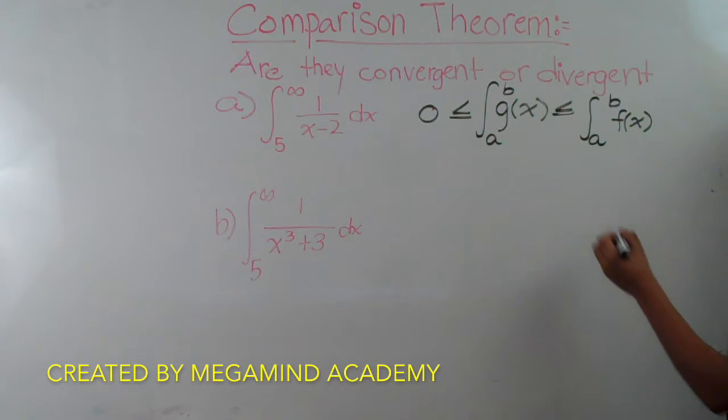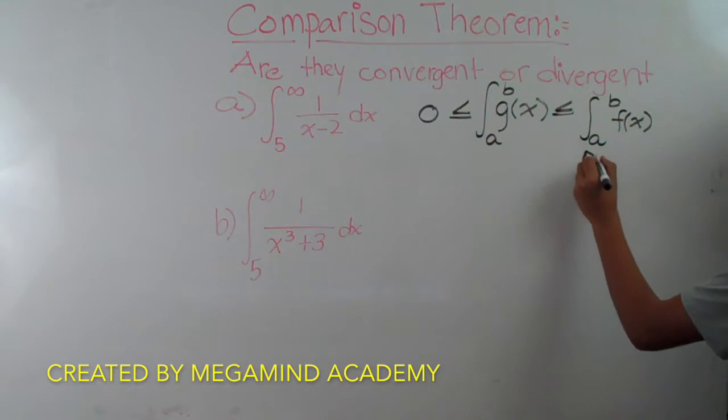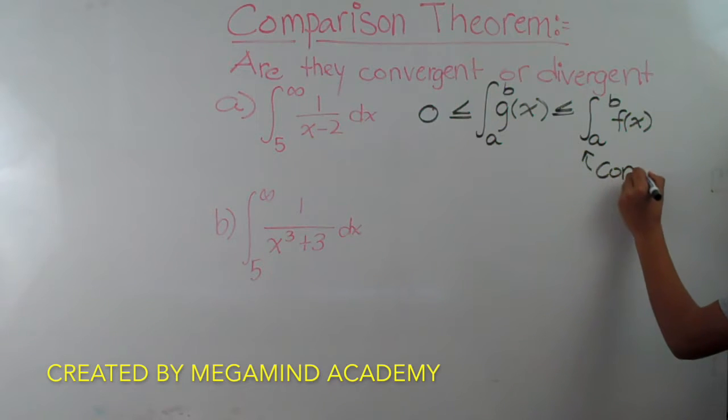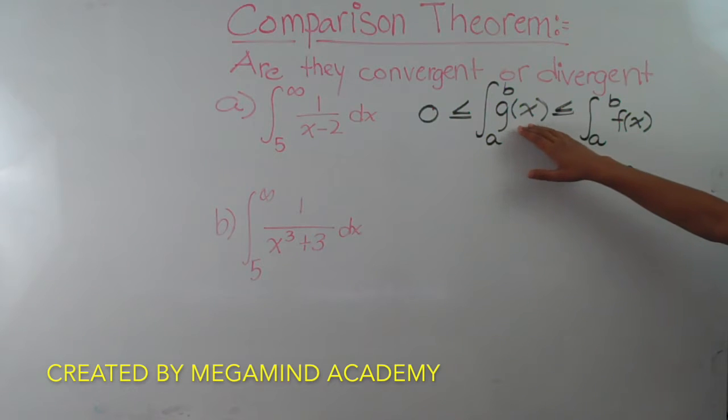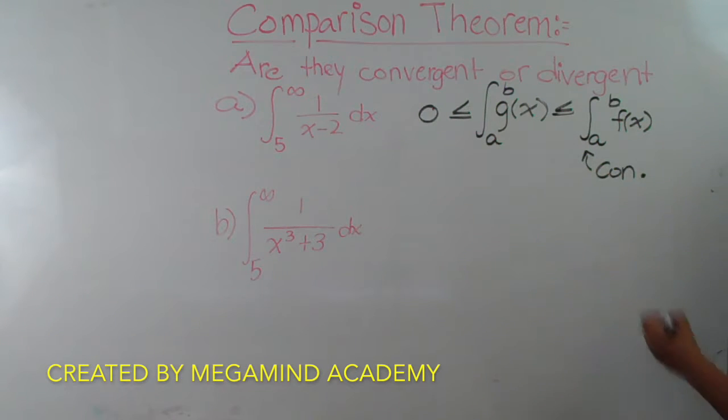and, once again, another and, we know that this is convergent, so I'm just going to say CON for short, and we know that this integral from a to b of f of x is convergent, then that means that this integral is also convergent.